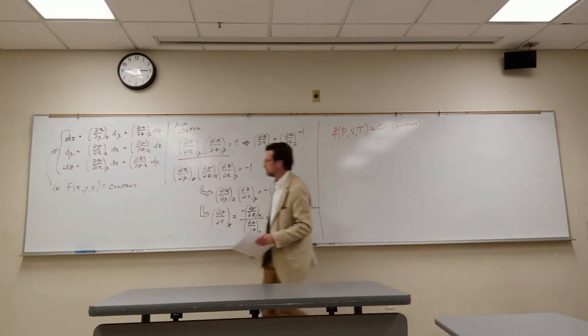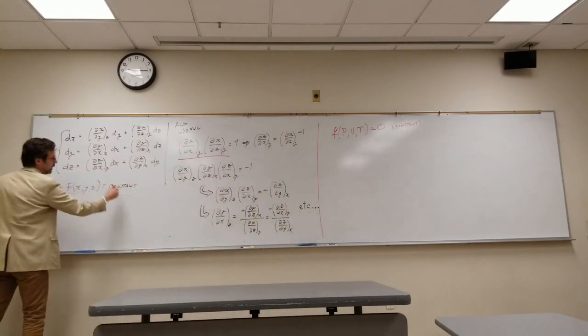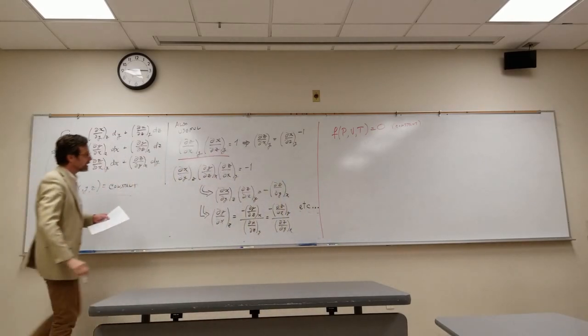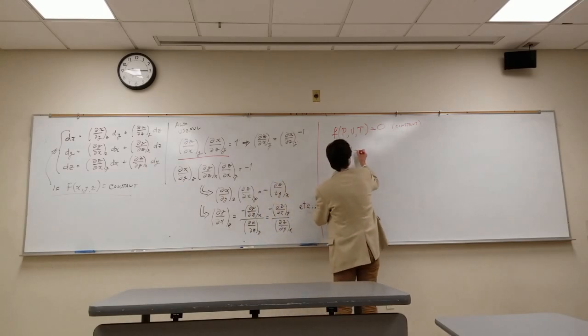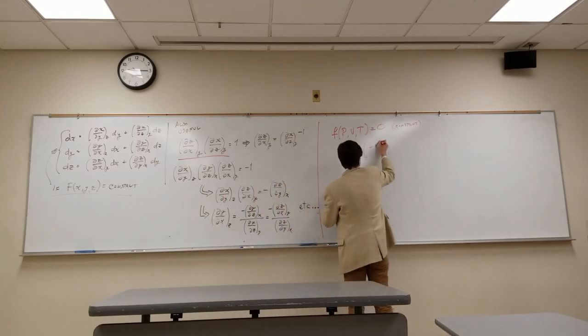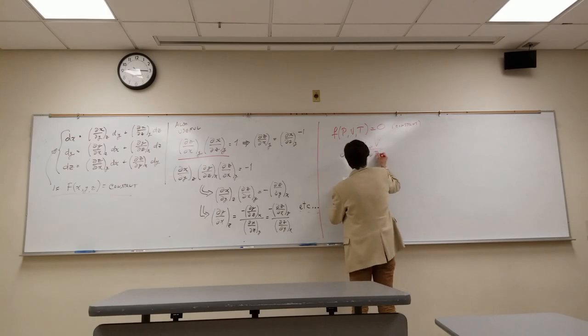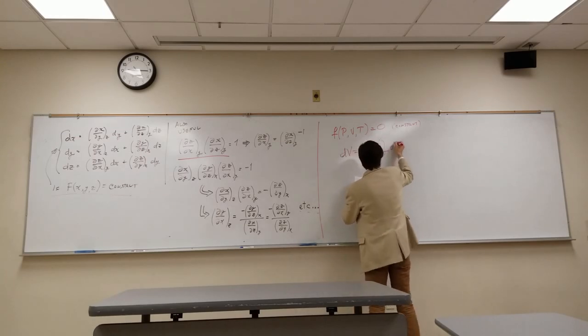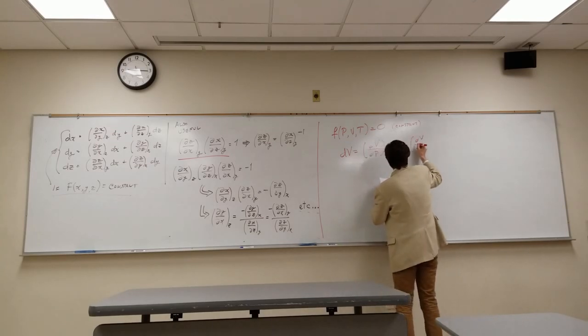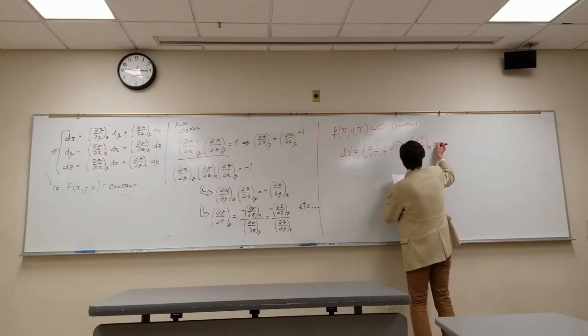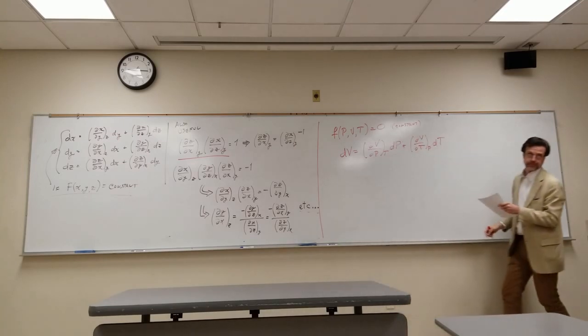which means that all of these rules hold, and we can do things, for example, write dV is equal to the partial of volume with respect to pressure at constant temperature, dP, plus the partial of volume with respect to temperature at constant pressure, dT.